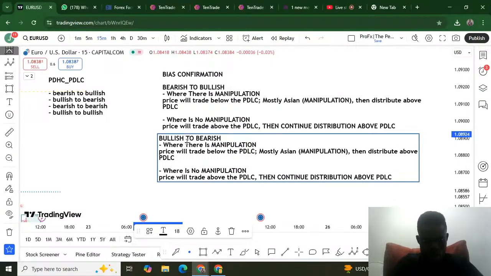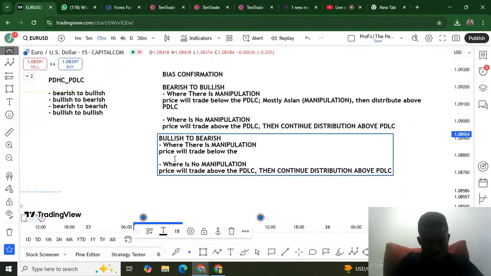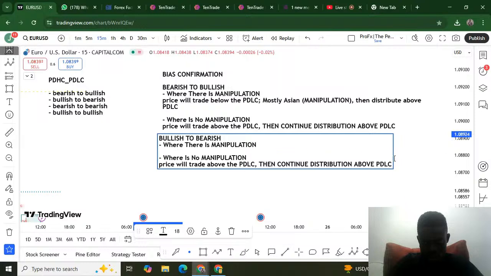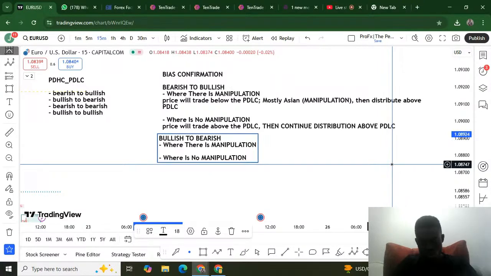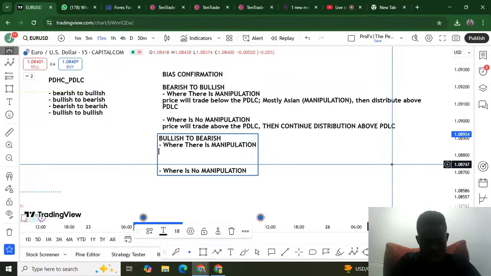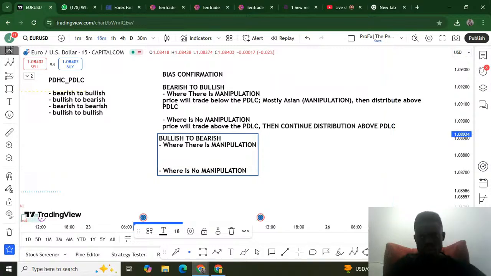Bullish to bearish, where there is manipulation and where there is no manipulation. Okay?